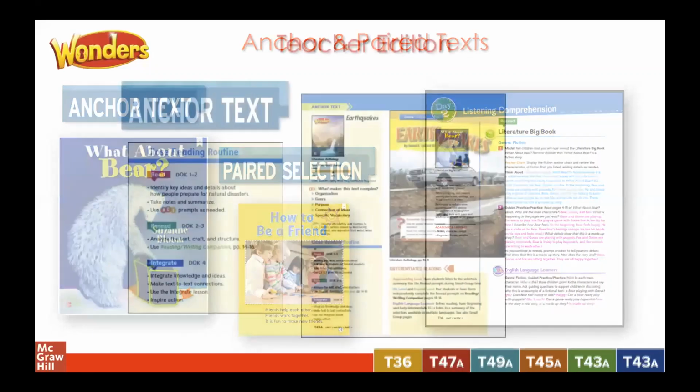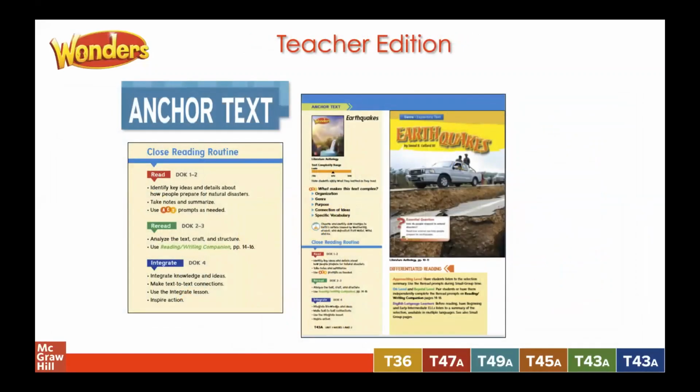Okay. And so that anchor text, as that kind of changes as we look at an upper grade, we're going to see that we're still following that close reading routine, and that will be built right into your teacher's edition. But what I also appreciate here as we are looking through is that we do see differentiated approaches to reading of the text. And so we're going to see support for approaching, on and beyond, as well as English language learners.